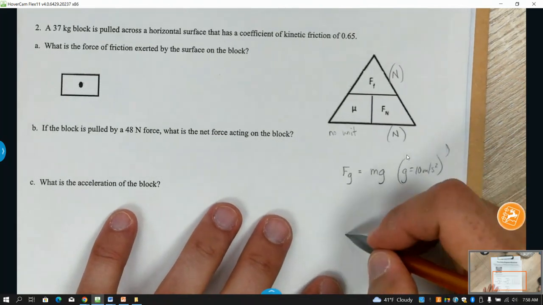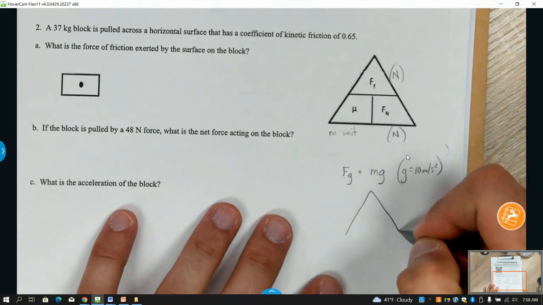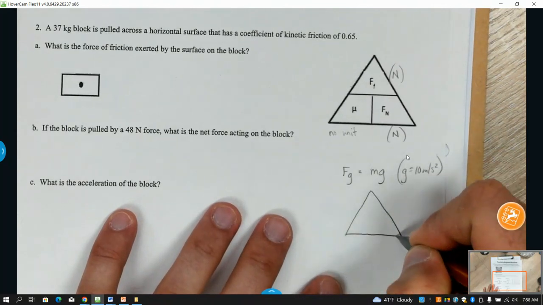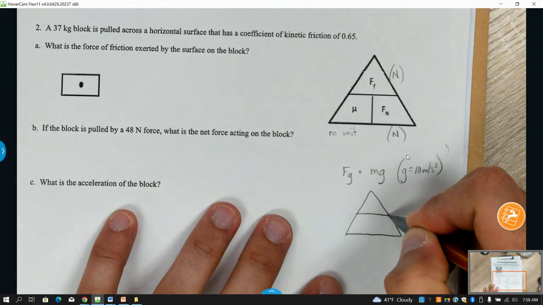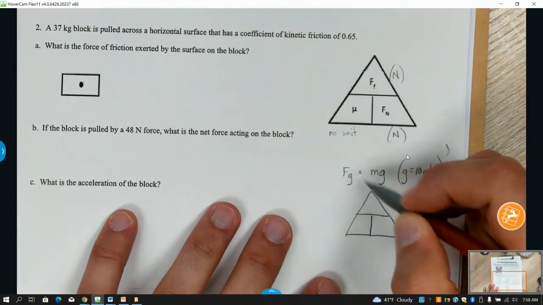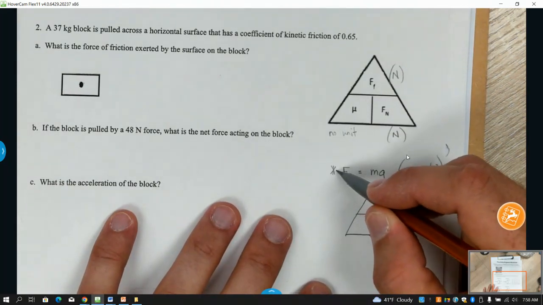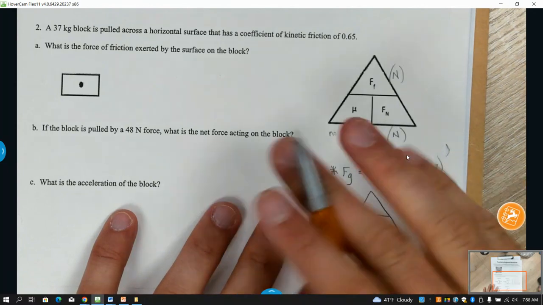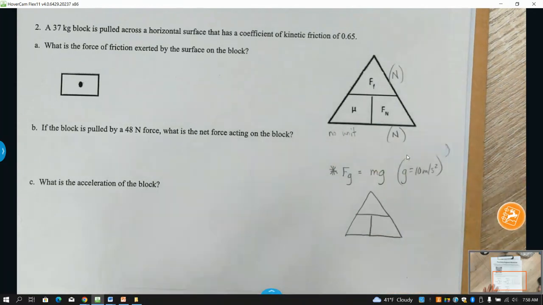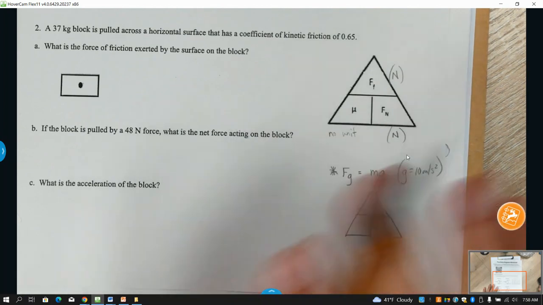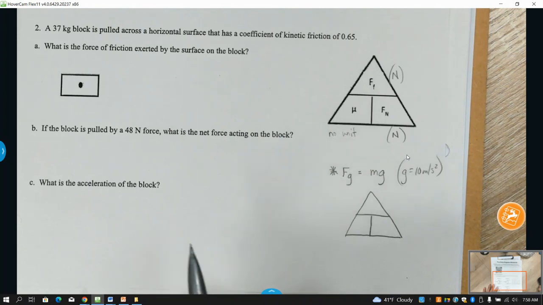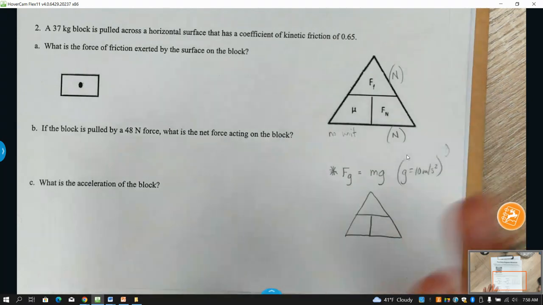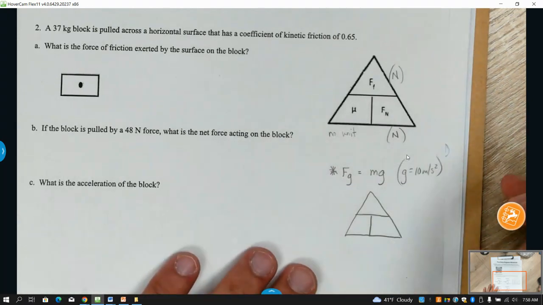So if I were to throw this into a triangle, guys, this piece down here, a little star next to it, you don't even have to think about it. You should just automatically realize, okay, if I'm given mass, I need weight, because that's going to help you solve most of these type of problems.